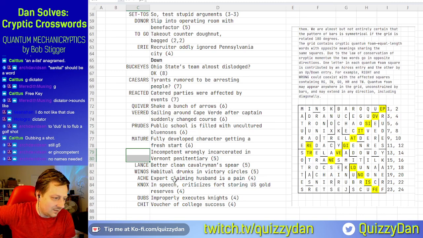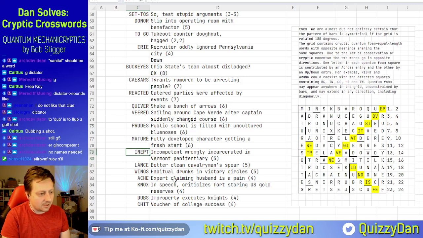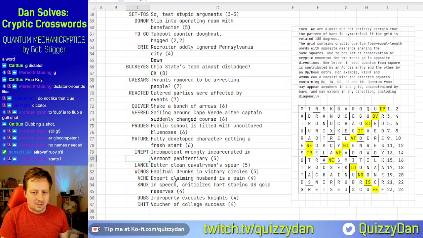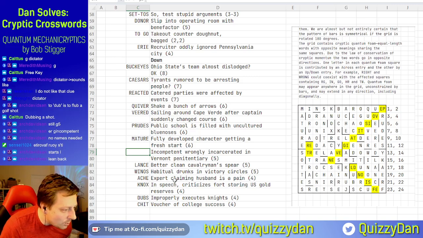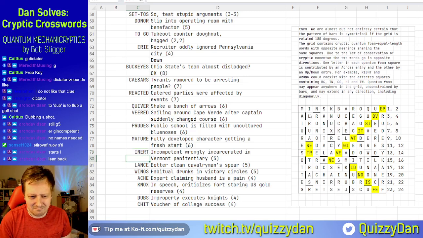It's going to be I. Inapt. Inept. Why would it be inept? Oh! It is. It's hidden in Vermont Penitentiary upside down. Incarcerated. But it's wrong incarcerated. I don't like it.